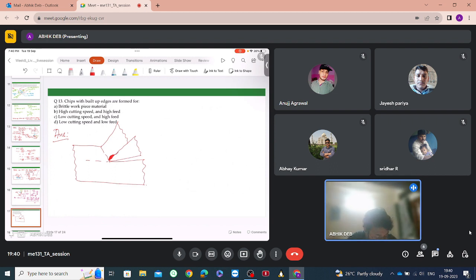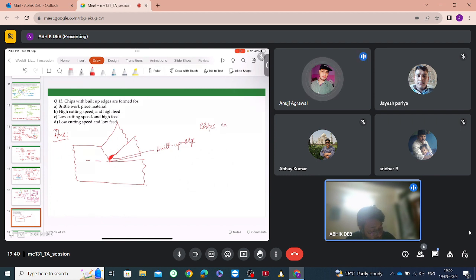This is called a built up edge. Since this is cold welded, as the chip continues moving over this built up edge, due to friction, it will keep on applying force on the built up edge, and there will be a time when this chip will take away this built up edge along with it. That chip is called chips with built up edges. Okay.